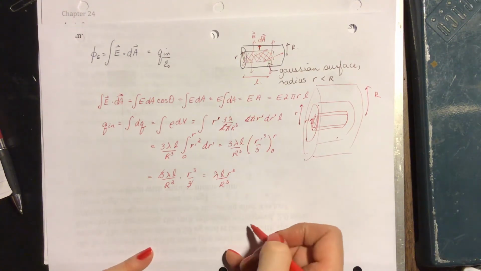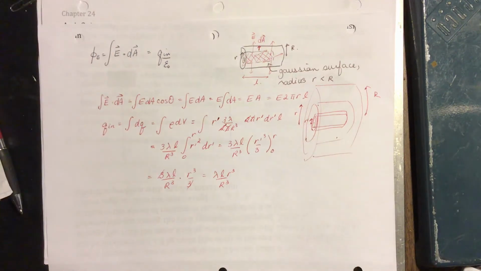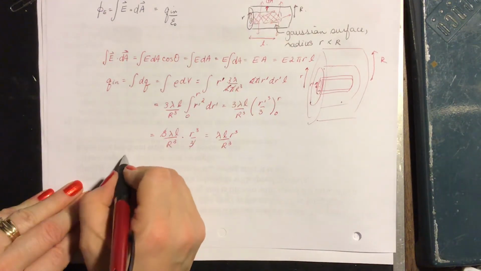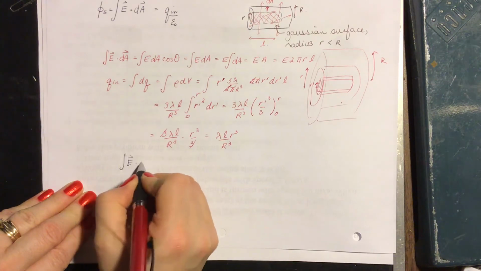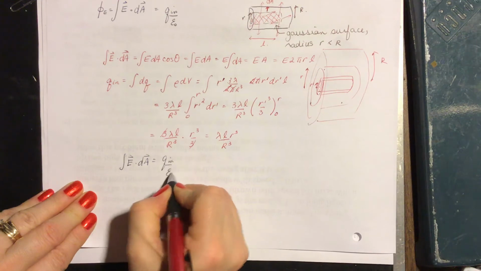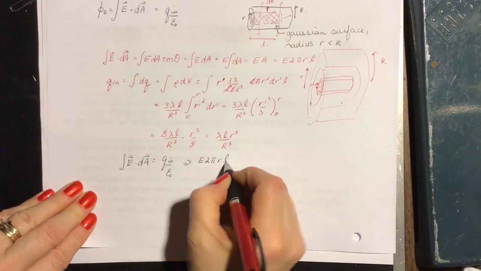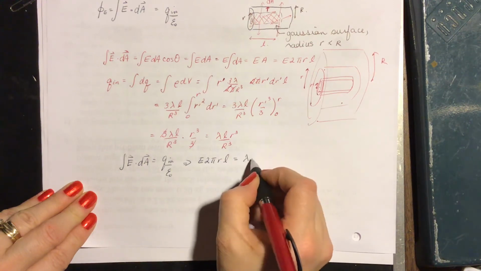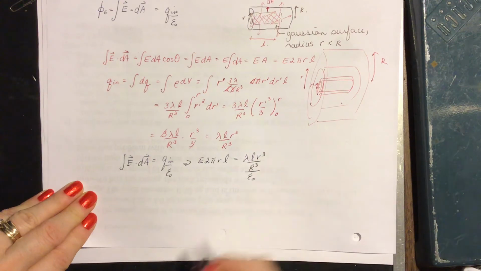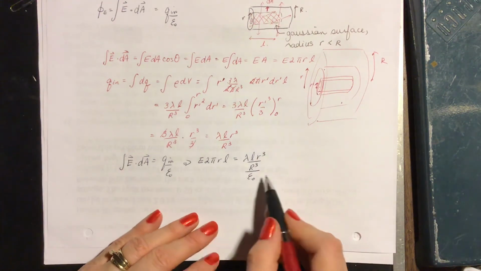Okay, let's put that in here and see what we get next. So there's an expression that has our electric field in it now. If we want to solve, we'll bring our 2 pi r L to the other side.